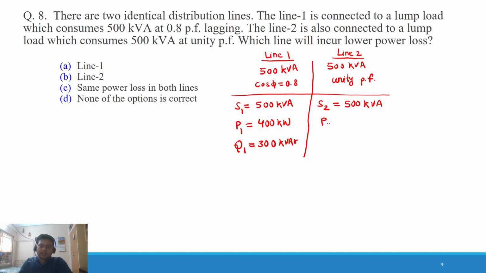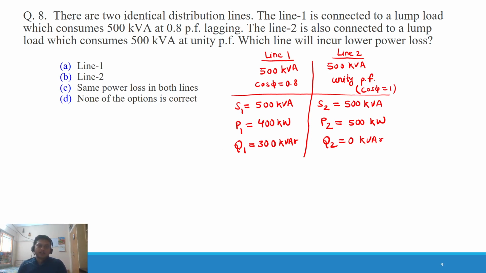Similarly, line 2 operates at unity power factor, meaning cos phi is equal to 1. So P2 is S2 into cos phi, that gives 500 kilowatt, and Q2 will be 0 kVAR, because it operates at unity power factor. So it will not demand any reactive power from the source, and no reactive power will flow through the distribution line.